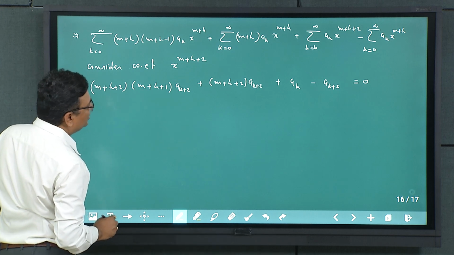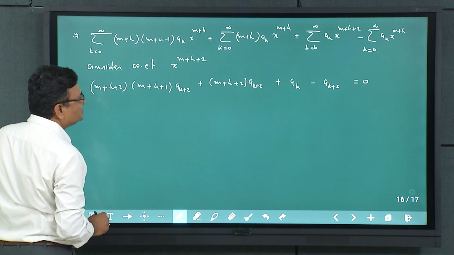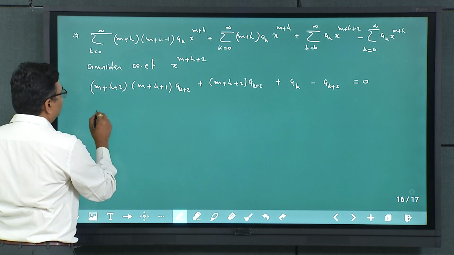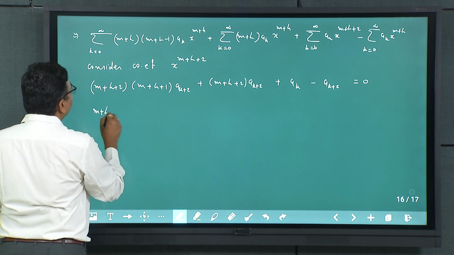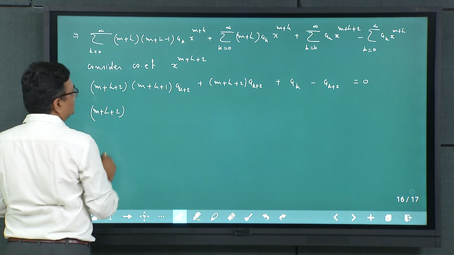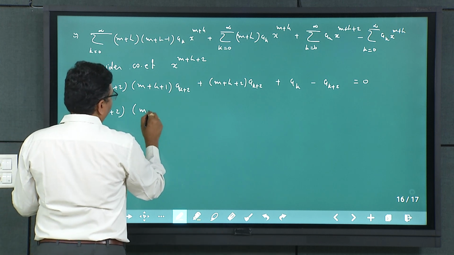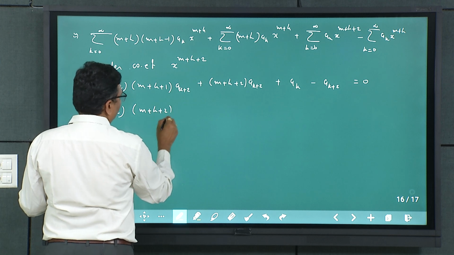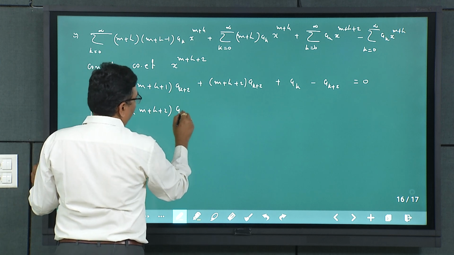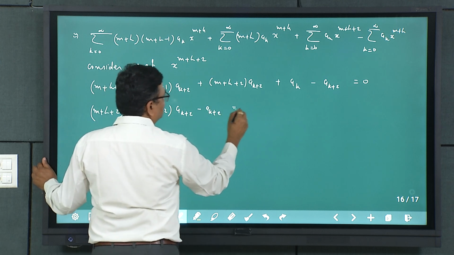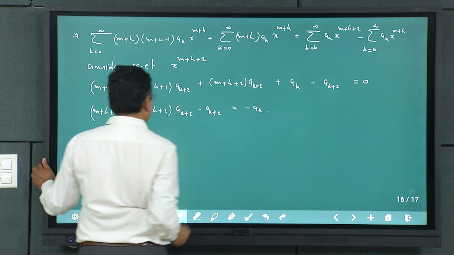So from this one, if I take m plus k plus 2 is common, here it is m plus k plus 2 into a k plus 2 minus a k plus 2, this is equal to minus a k, right.